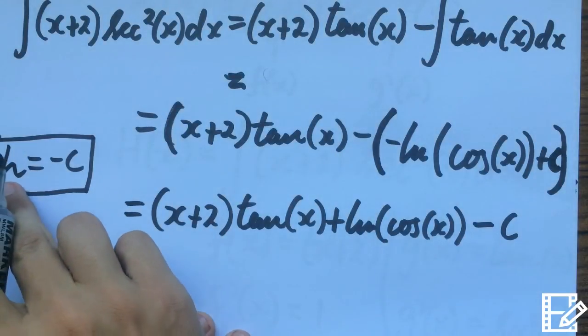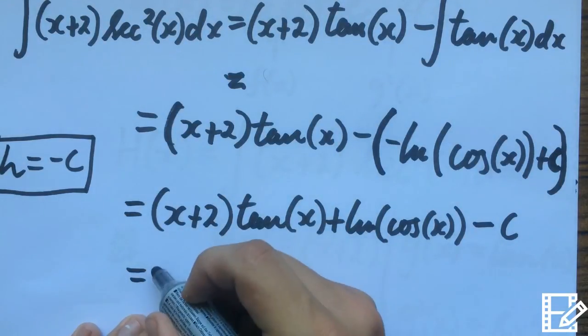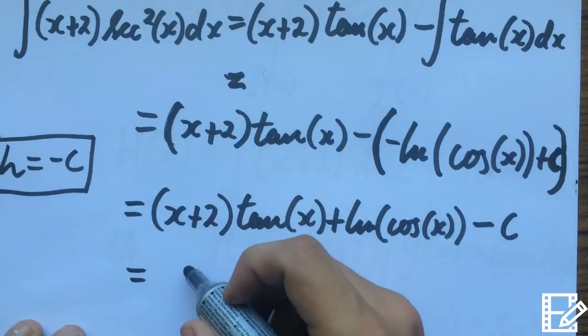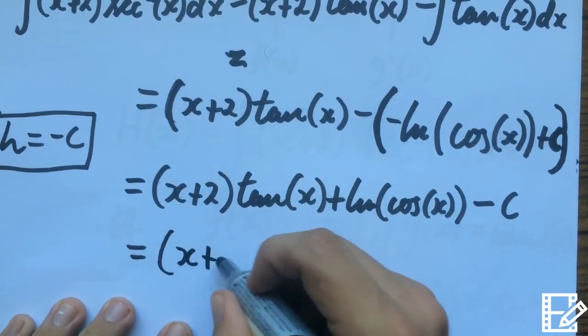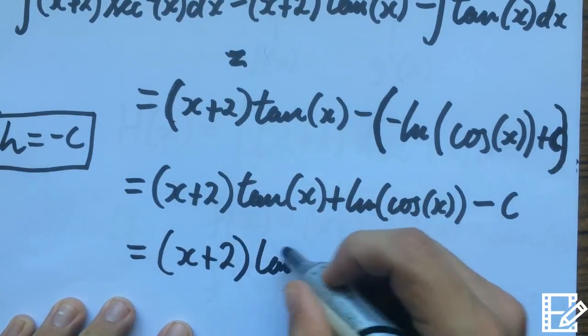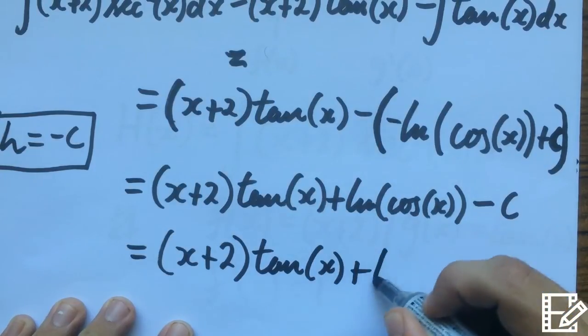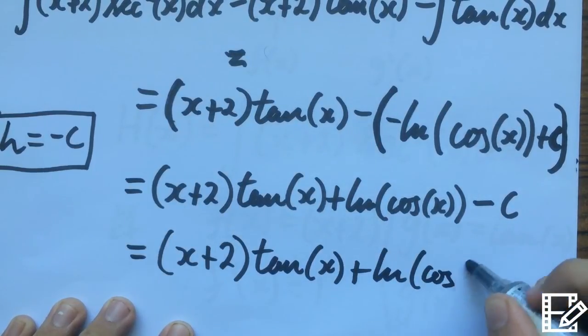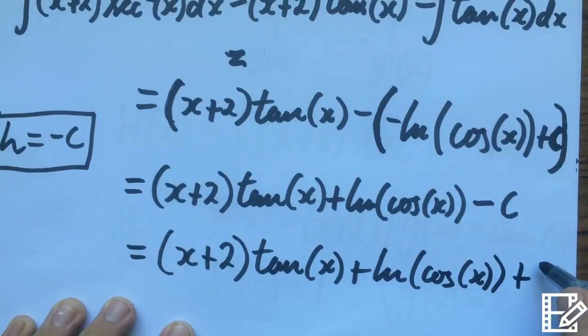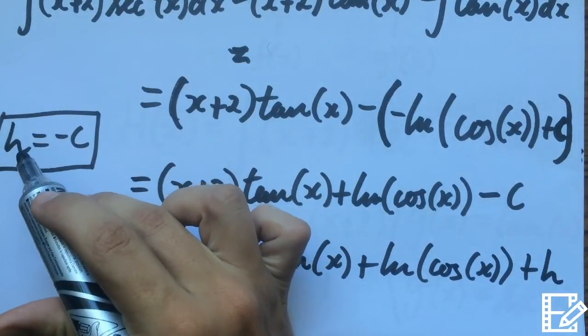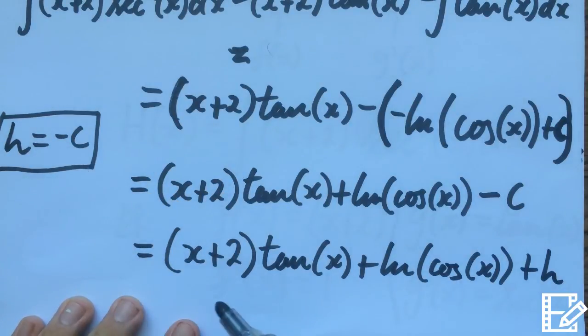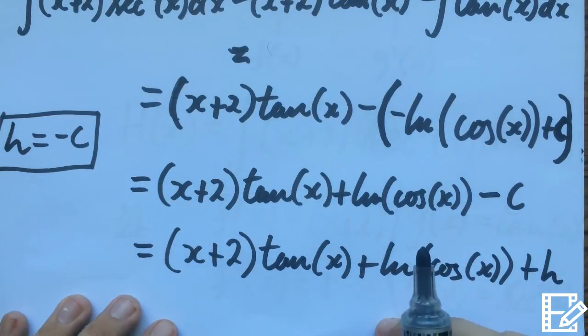So if h equals negative c, then we can write all this out: x plus 2 multiplied by tan x plus ln of cos x plus h, and that would equal the exact same thing because we've established that h equals negative c. Make sense? Hopefully it does.